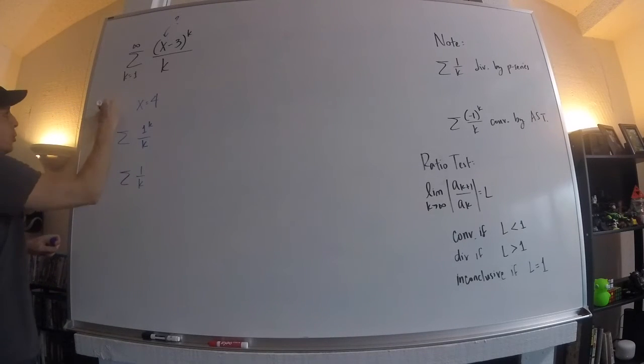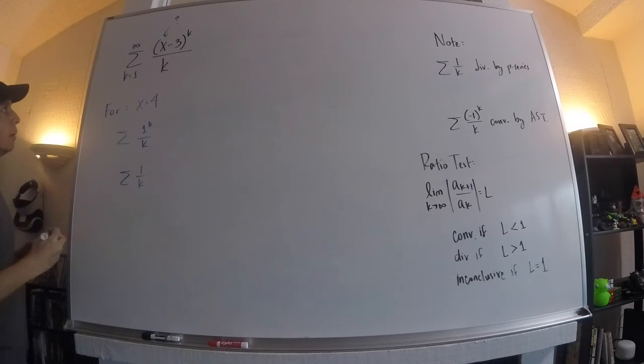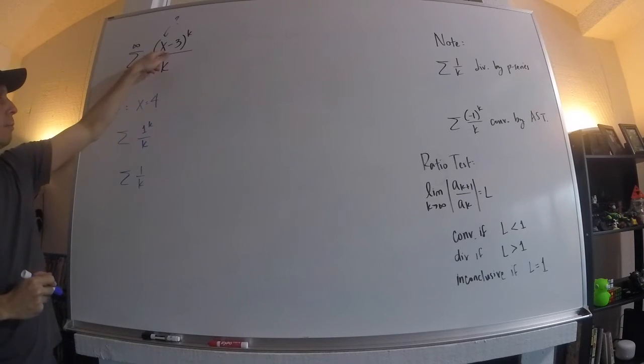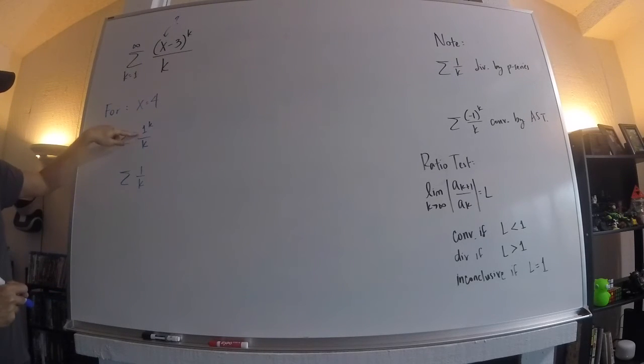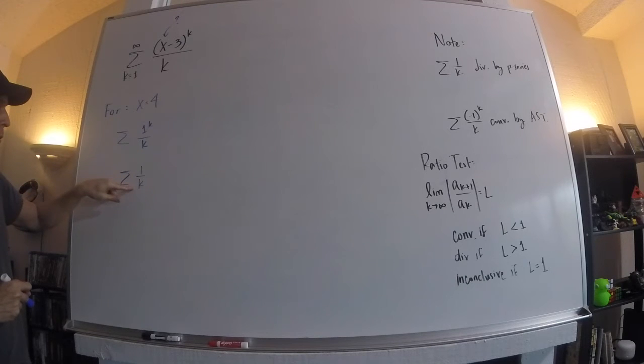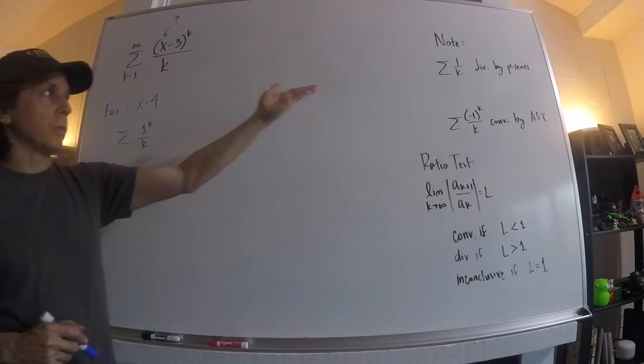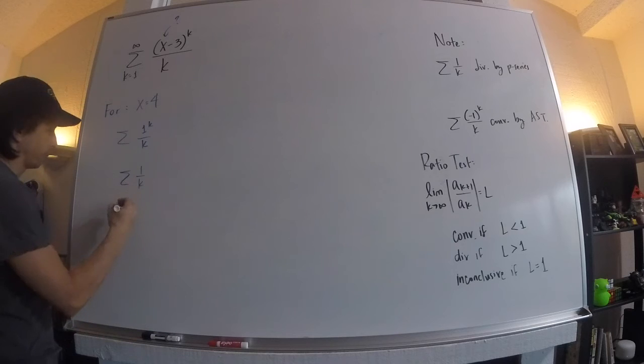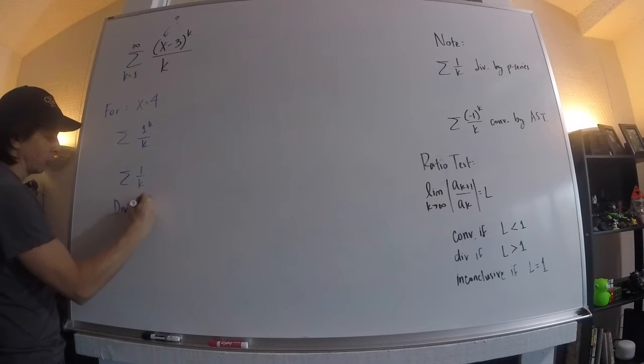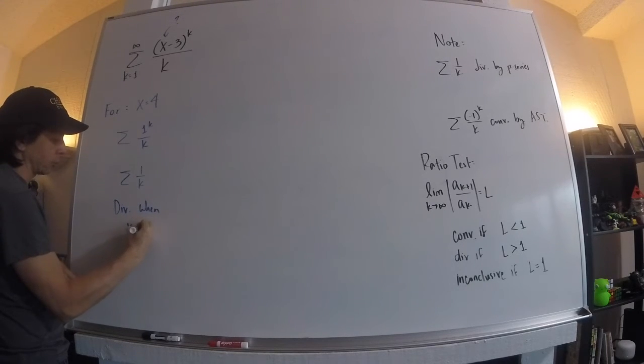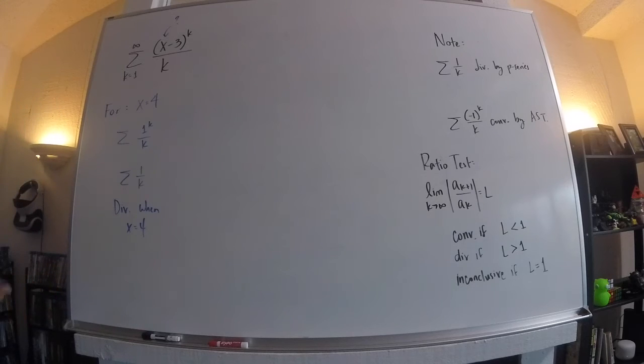All right. Anyway, one more time. For x equal to 4, I plug in the 4 there and actually work it out. That becomes 1 to the k, which is just 1, and I get 1 over k, the harmonic series. So it diverges when x is equal to 4, and I figured that out by just plugging in 4.